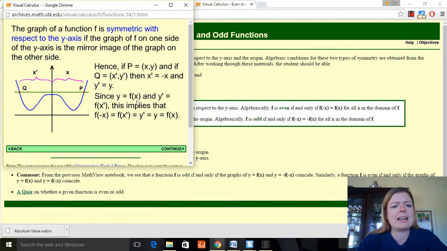So since y is f at x, this means that f at negative x is equal to f at x. The prime notation gets a little confusing, so I'd like the visual for you here. If you put x into a function, f at x, you'll get y. And if you put the same negative number in, f at negative x, you'll still get the same y. For instance, if I put 5 into this function, I would get, let's say, 3.